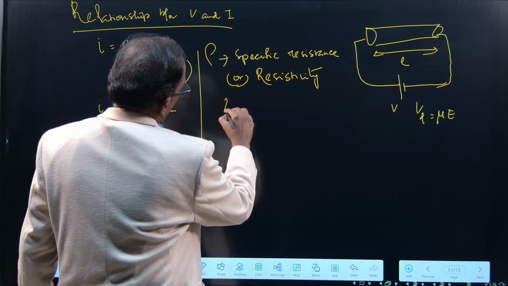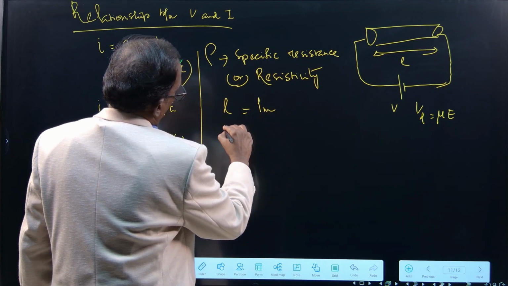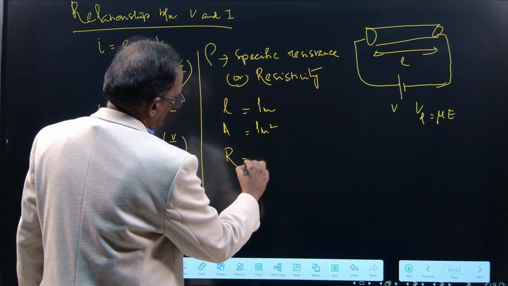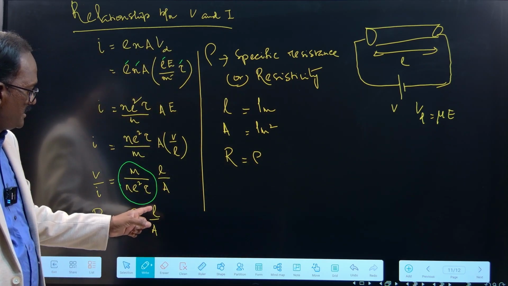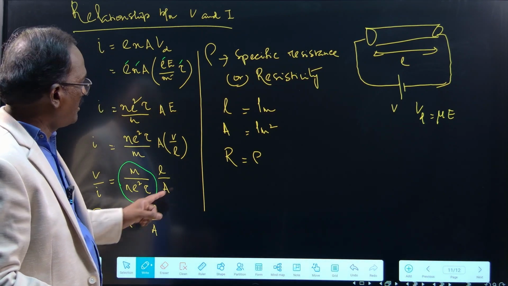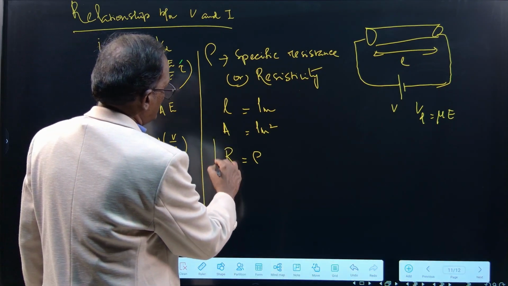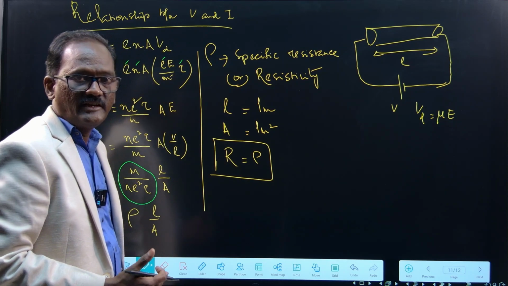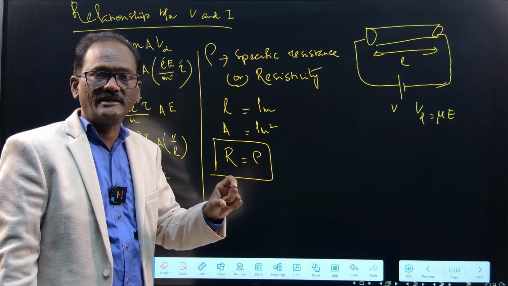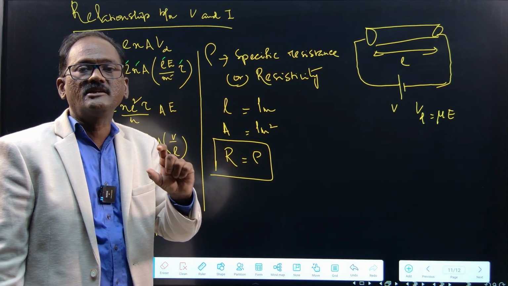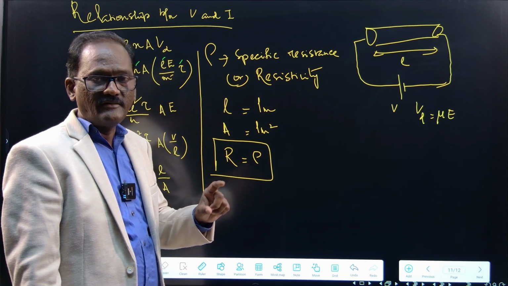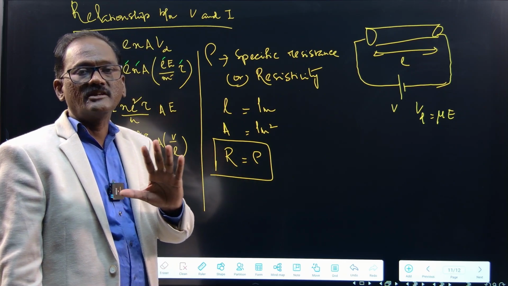If I keep L equal to 1 meter and A equal to 1 meter square, let us see what is happening. R is equal to rho. So specific resistance is defined this way: specific resistance is nothing but the resistance of the material having 1 meter length and 1 meter square cross-sectional area.